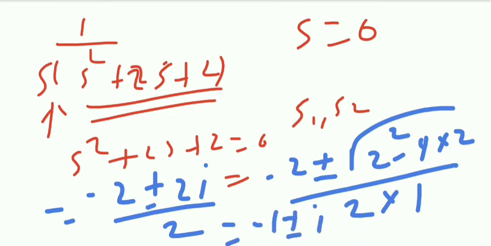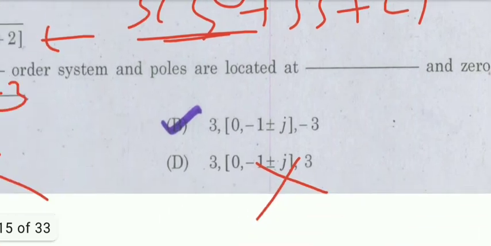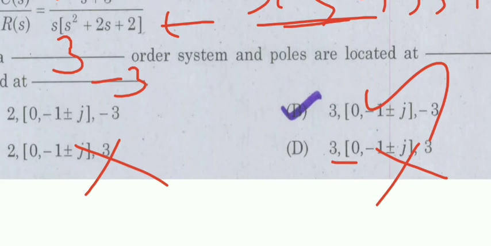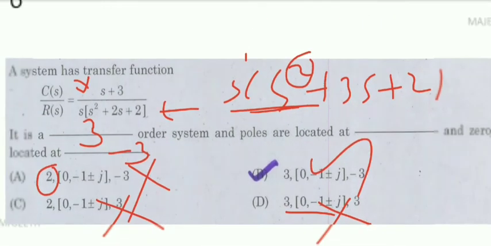These are the remaining two poles. So I have minus 1 plus or minus j, and this is the answer. Type 3 system, right? Even if we know it's type 2 only, that is also a wrong answer. Type 3 is the right answer because the maximum power is 3. So option B is the right answer.